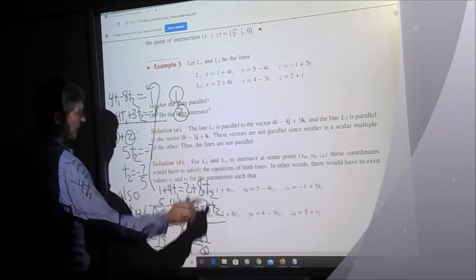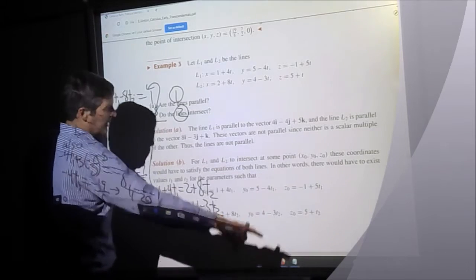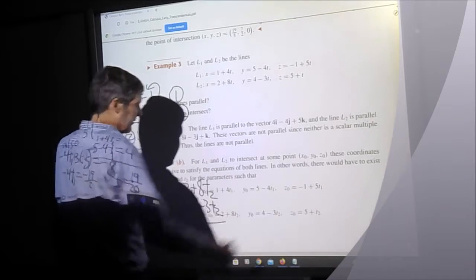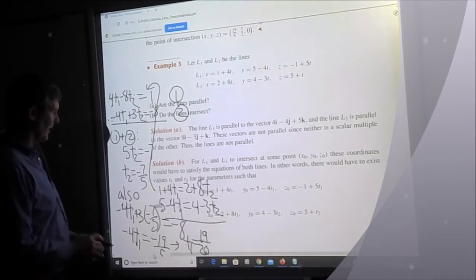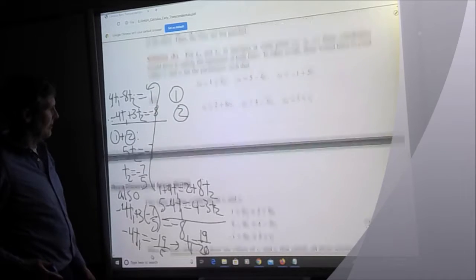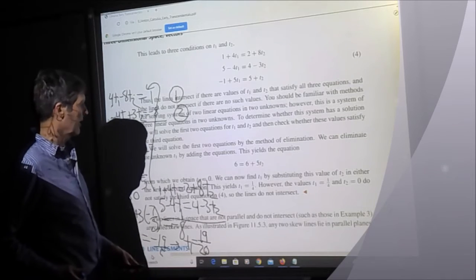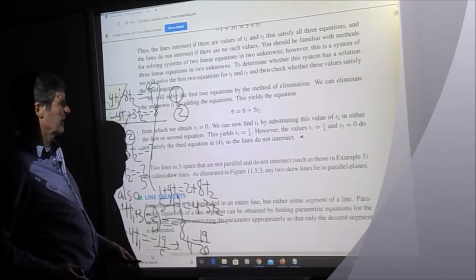Now you can just plug those into both things for z. Plug t1 in here and t2 in here and see if the z coordinates are equal when the x and y coordinates are equal. So this is the t1 and t2 that makes the x and y coordinates equal. You solve for those.